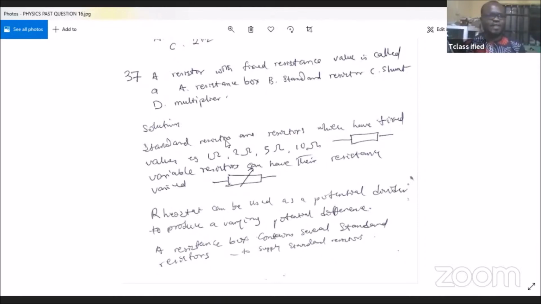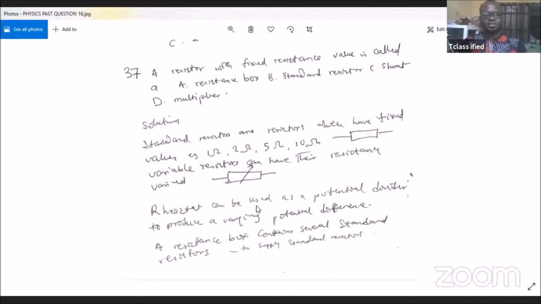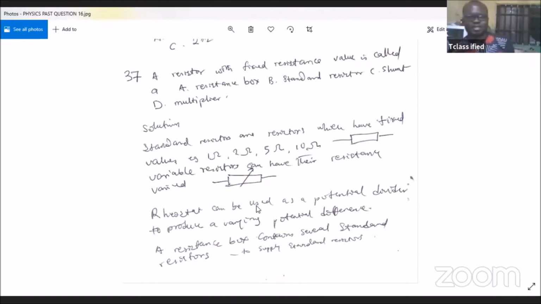Example, they can have values like 1 ohm, 2 ohm, 5 ohms. And this is how you represent a standard resistor. Whereas a variable resistor can have varied resistance. This is how you represent a variable resistor. So with that, you can see that the answer is B, standard resistor. So these other definitions are just what you need to know in this very topic.